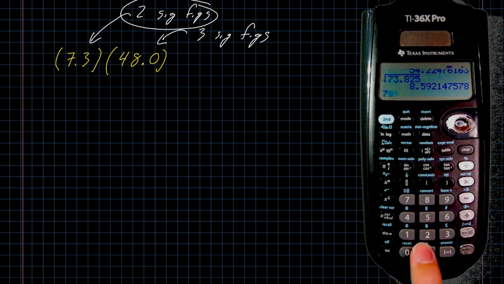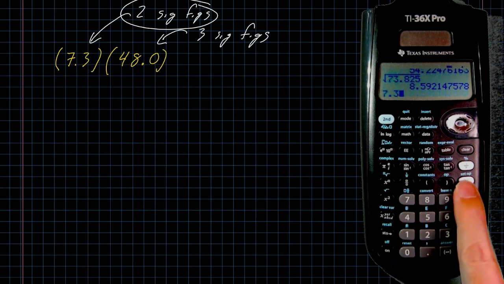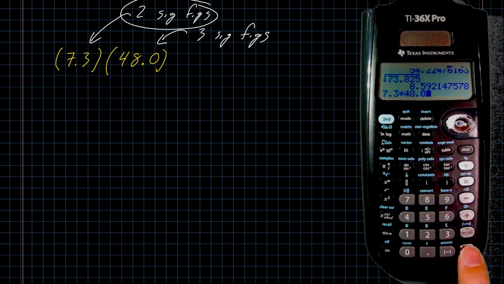I'm going to take 7.3, multiply by 48.0, and my calculator gives me 350.4. I want just the first two values. Conveniently, remember the 0 at the end of a number is not significant if the number does not have a decimal point. So only the 3 and the 5 are significant here. We have two significant values.